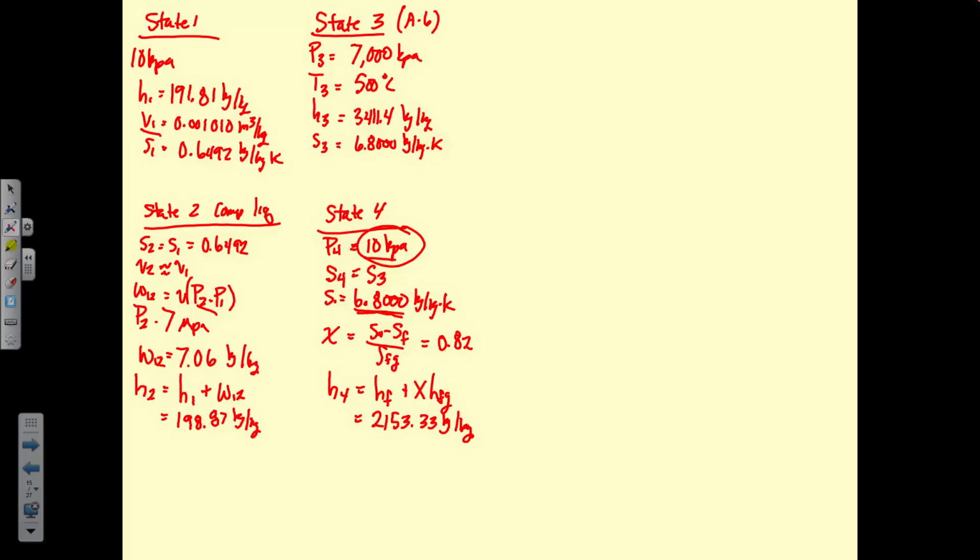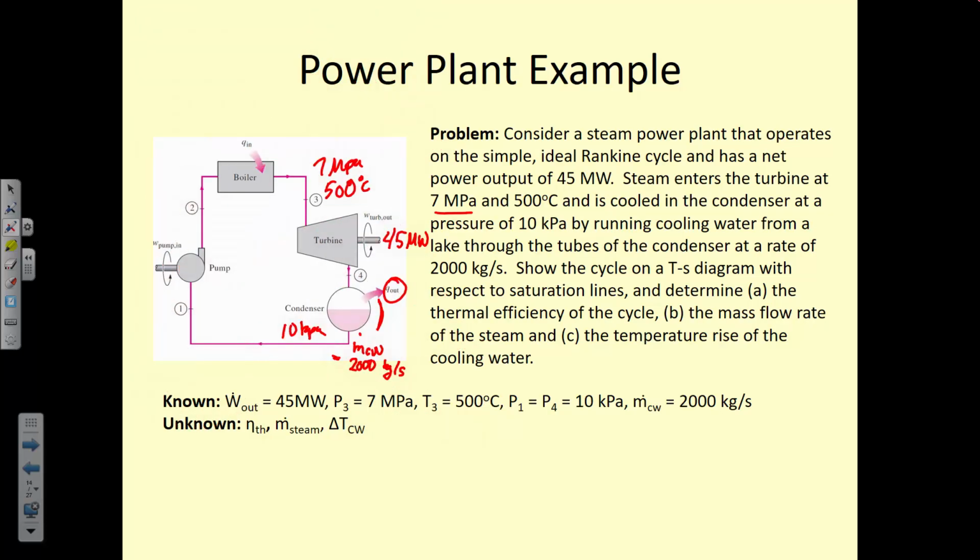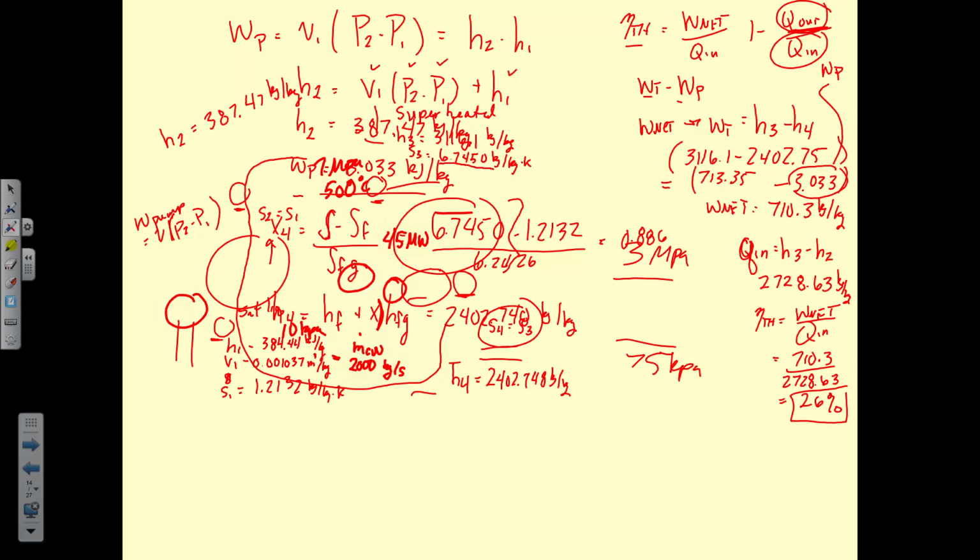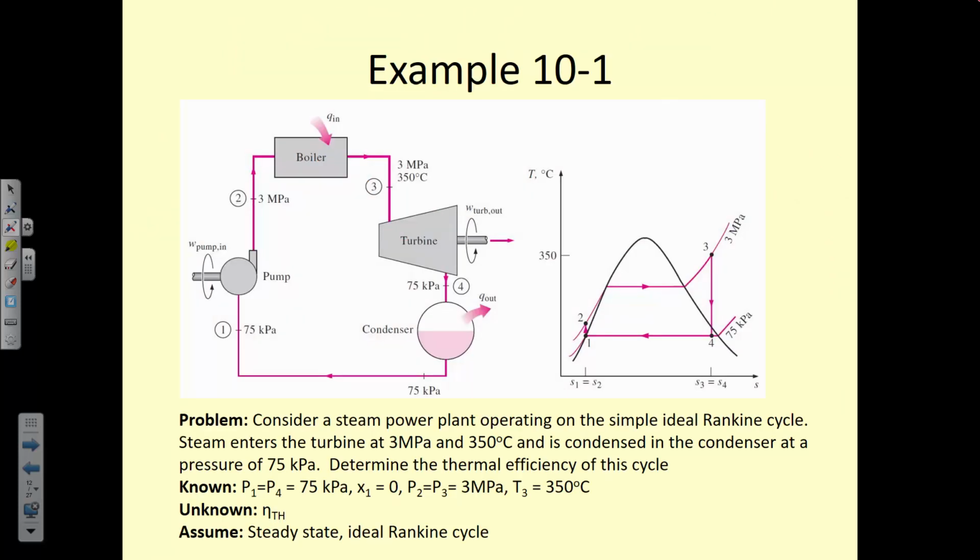Yes? How do you know that P3 equals P2? Is that from the diagram? Yes. So if we look again at the Rankine cycle, this pressure here, before we go into the pump, is going to be the same as this pressure here at state 4. If we also look at the property diagram here, these are lines of constant pressure, and this is just how the Rankine cycle operates, that it's between two lines of constant pressure with an isentropic process taking you from one pressure to another.